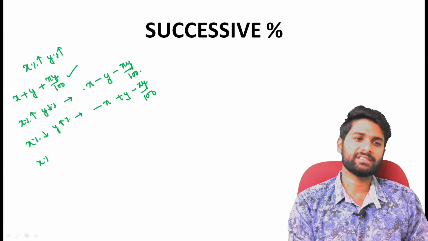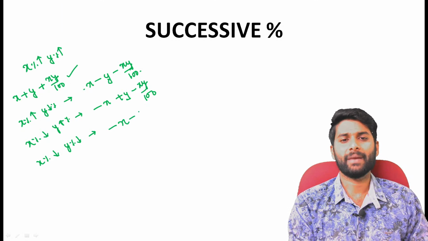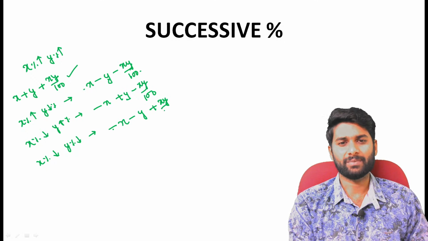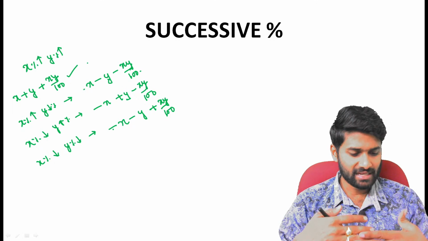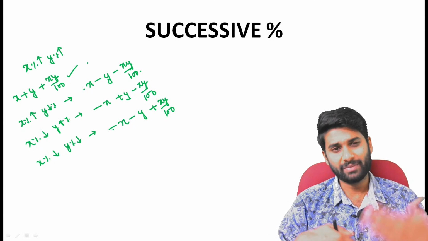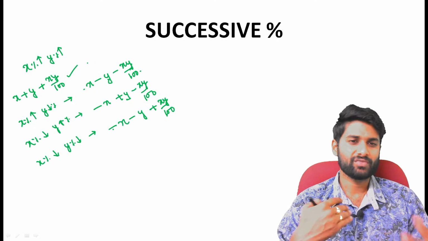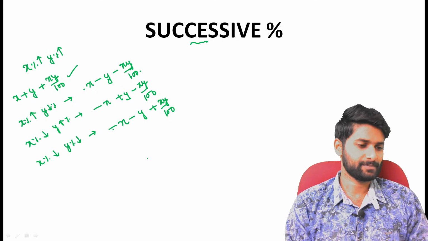Now both are decreases. Sometimes they mention that both values decrease successively. Now the formula becomes minus X minus Y minus into minus, the value becomes XY by 100. So these are the successive things that happen. Either it can increase one after another, increase then decrease, decrease then increase, or both decrease. So we have chances. That's why you can go with the formula of successive percentage.